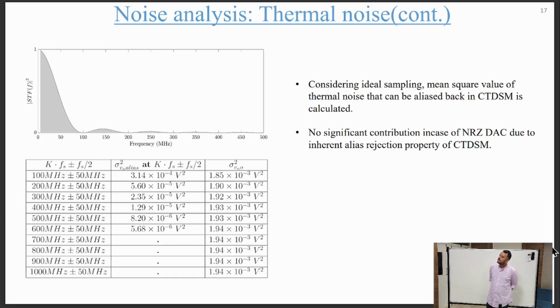And for thermal noise, since it is wideband noise, aliasing will also happen. So we considered the effect of aliasing and calculated the variance across all the alias frequencies that can make a contribution. For that the result is given. We can see that since the CTDSM has excellent alias rejection, and the STF suppresses as we move to high frequency, the contribution becomes nil at high frequency.